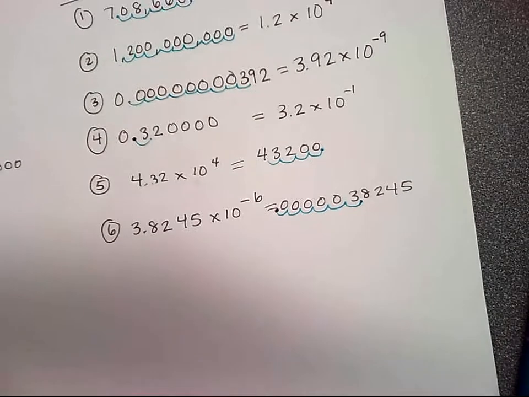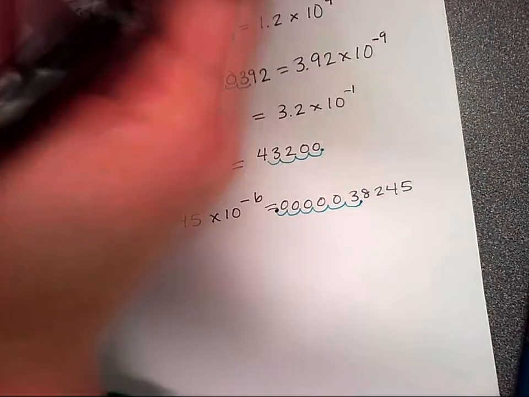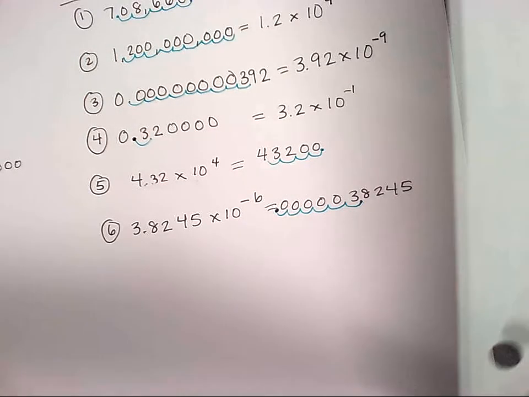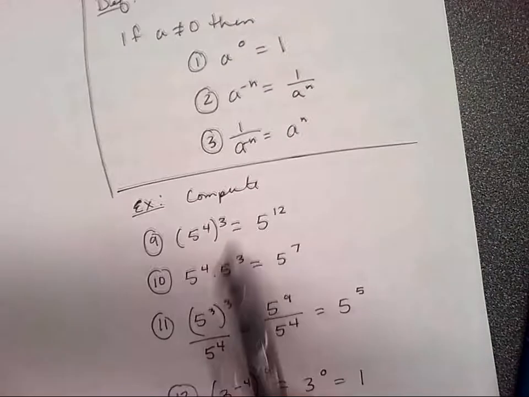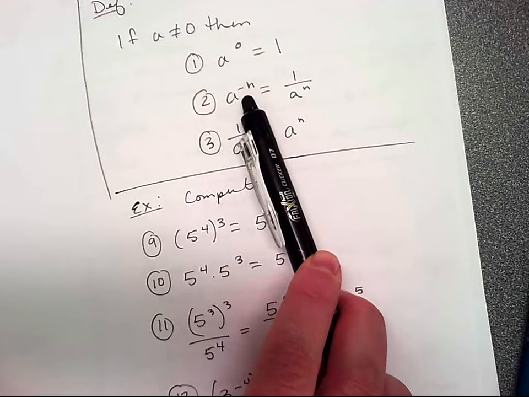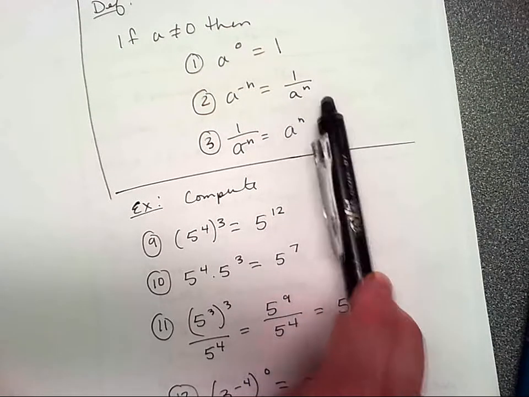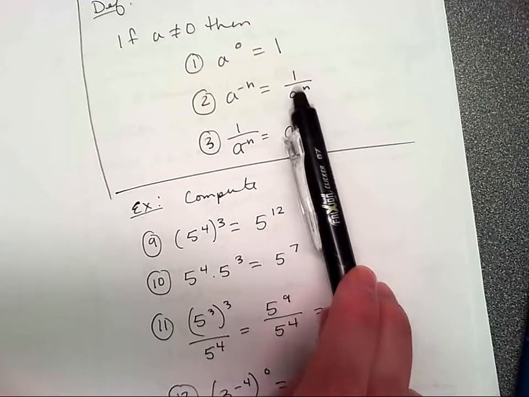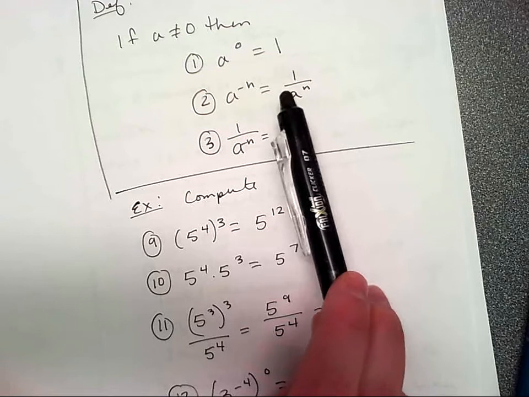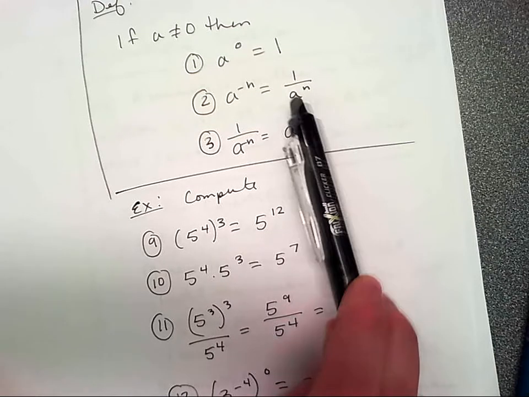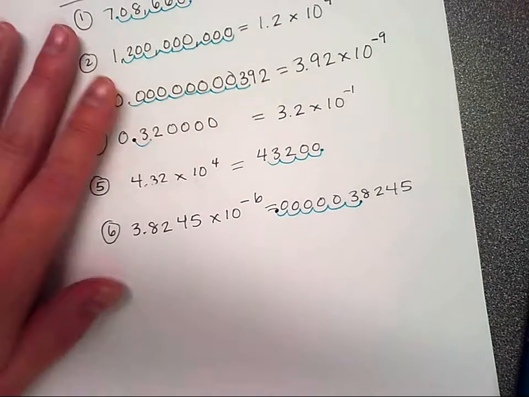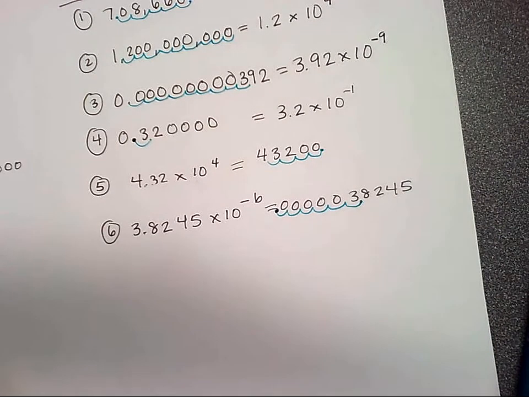But if I have a negative exponent, that brings it down to the denominator, and that makes it smaller, right? If you have a fraction and the number in the denominator is big, that makes it a smaller fraction. So if you just remember that the negative exponent is smaller, that's how I remember this without having to feel like I'm learning something new.